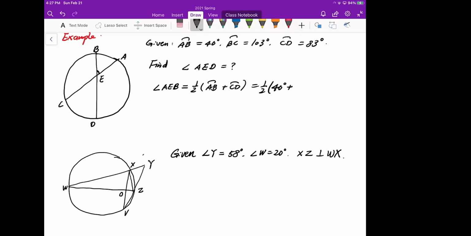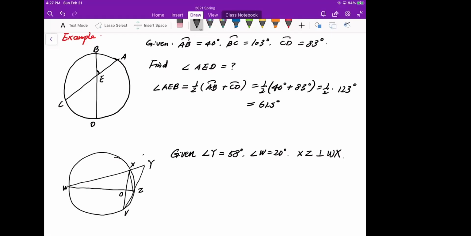AB is 40 degrees and CD is 83 degrees. So we get one half times 123 degrees, which is 61.5 degrees. That's just AEB.